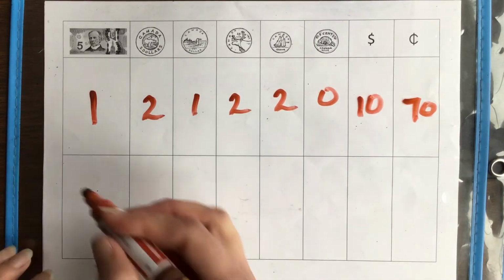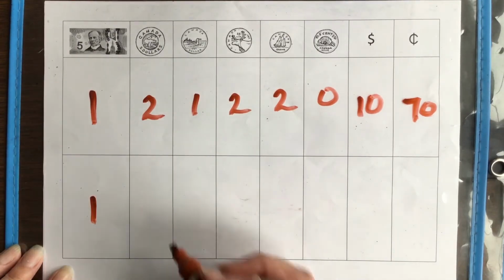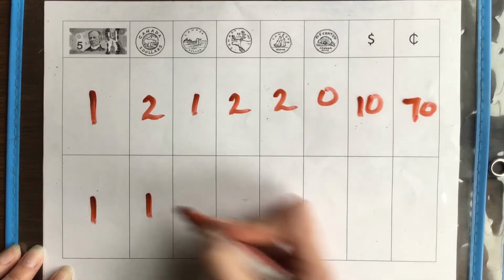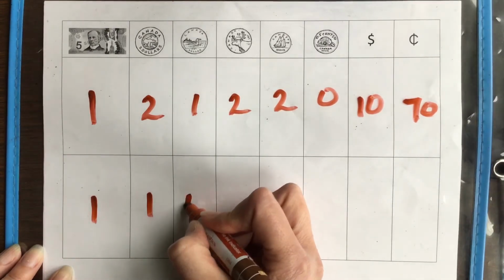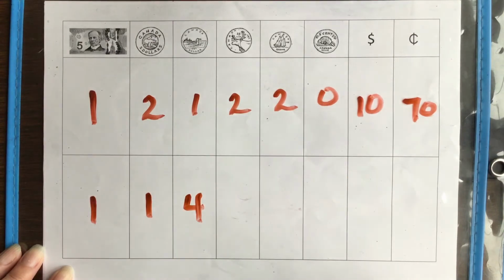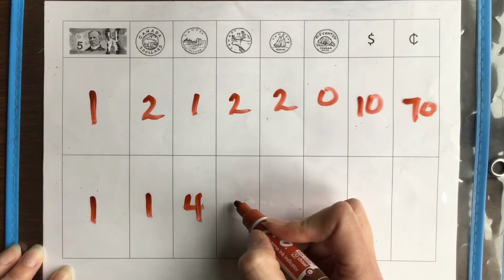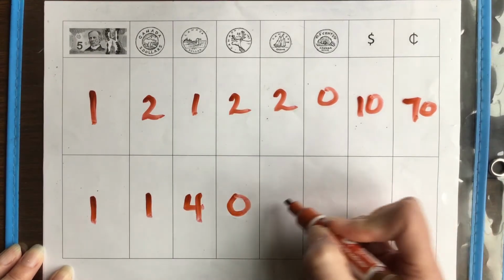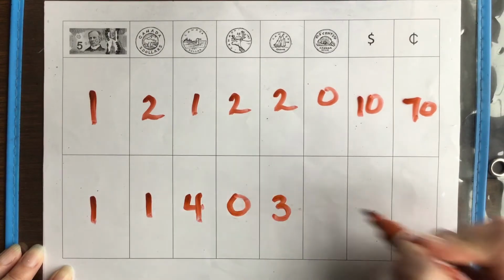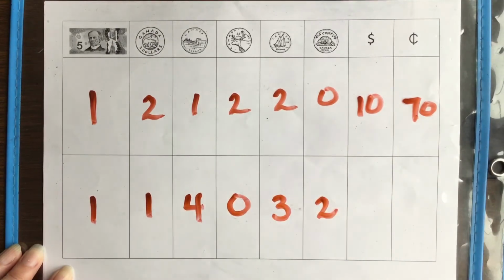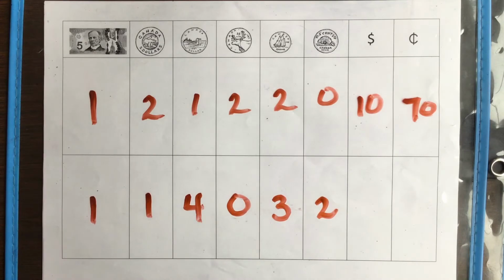All right? How about if I have one $5 bill, one toonie, let's go for 4 loonies. I'm going to go for a big number. And then we'll have 0 quarters, 3 dimes, and 2 nickels. What does that grouping of dollars and cents equal? Well, let's find out. I have one $5 bill. So far I have $5.